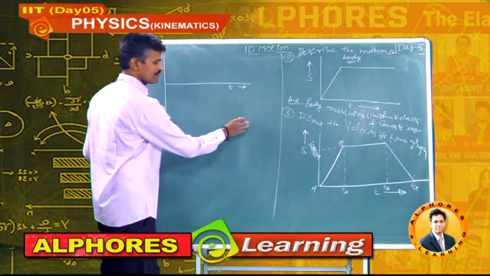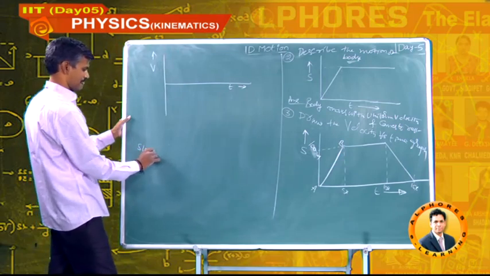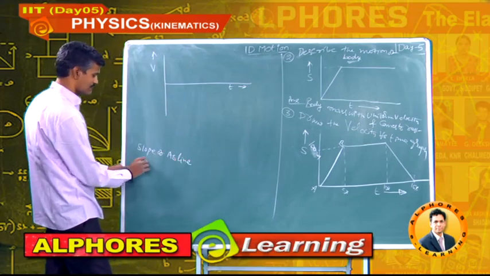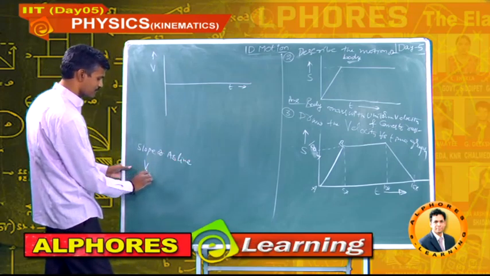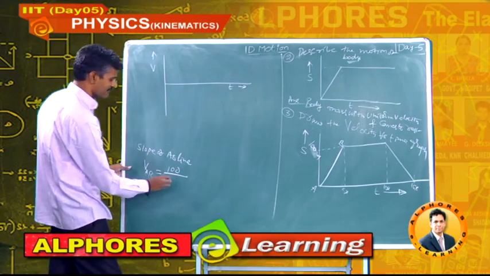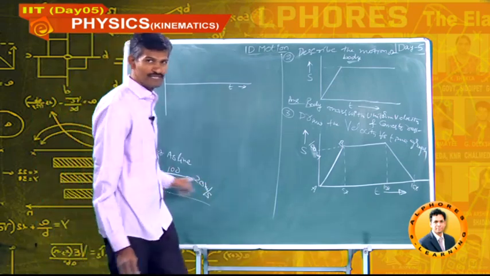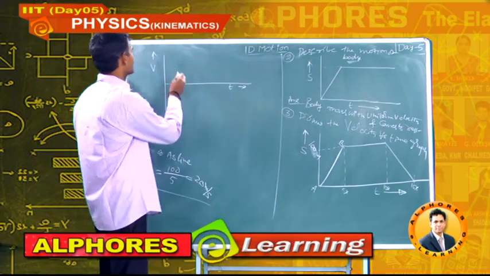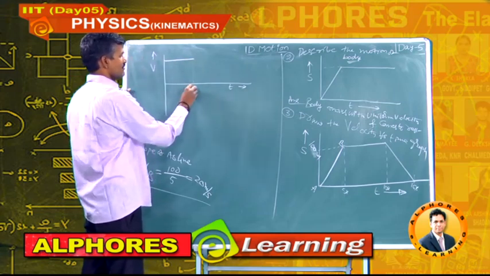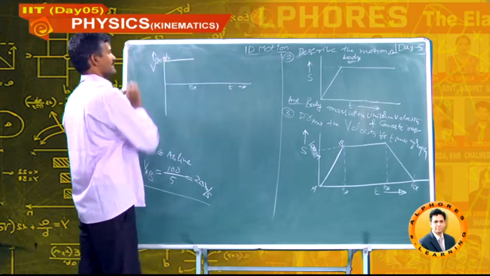The slope of line AB is the velocity in the interval A to B, that is 100 by 5, which is 20 meter per second. This slope is positive, so the velocity is positive and remains constant for 5 seconds.